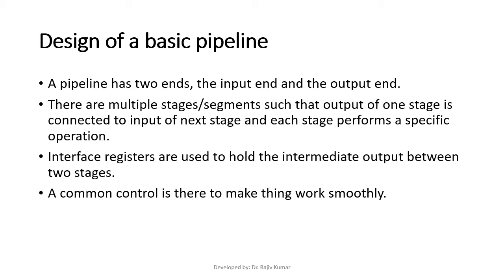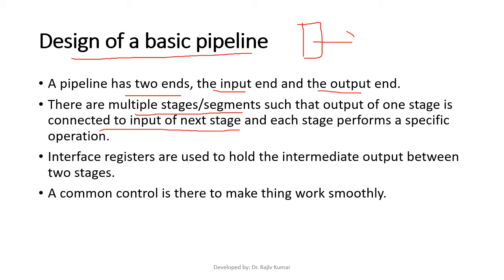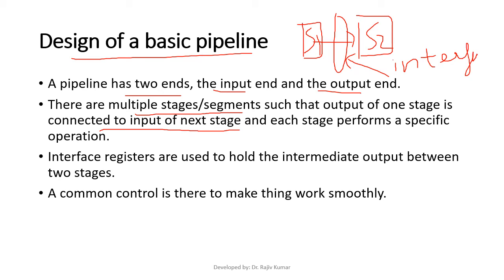If we talk about the design of a basic pipeline, we have already seen it needs two ends, one input, one output. It needs multiple stages which are connected with each other. The output of one stage is connected to the input of another. So at the interface between, say, stage S1 and stage S2, where the output of one meets the input of the next, this is known as the interface.